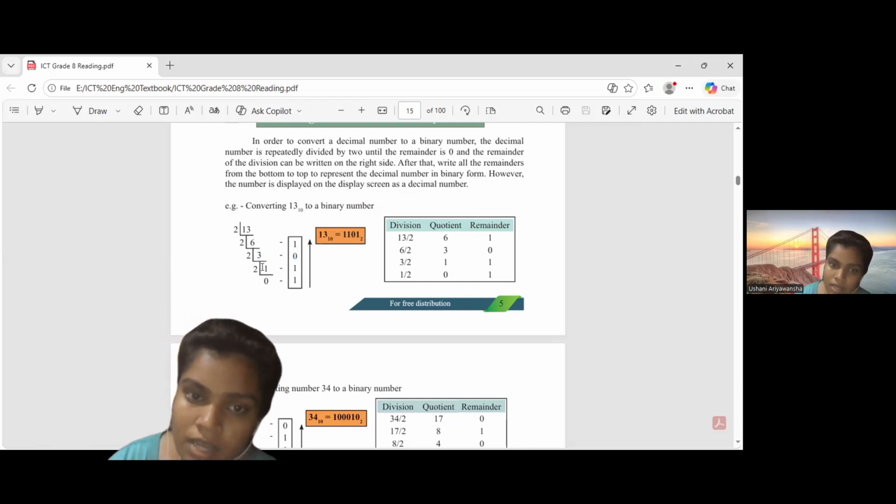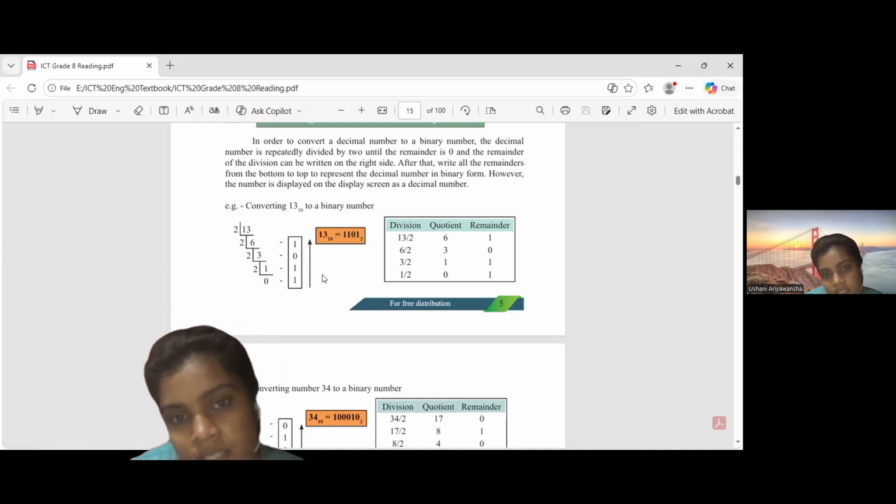So next, 3 divided by 2. Now we have 1, and here is the remaining 1. And finally, 1 divided by 2, value became 0. The remaining is 1, right?